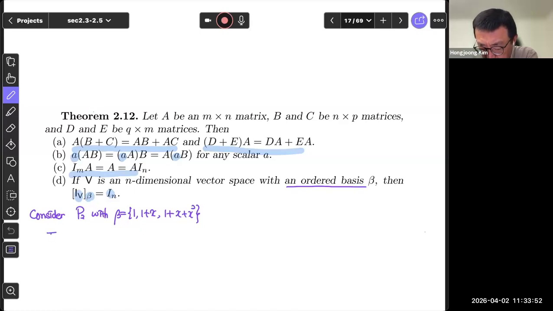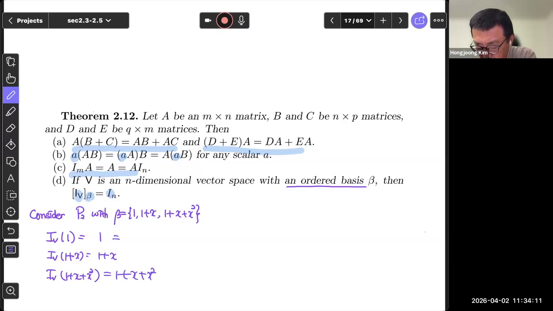Then the identity mapping will map 1 to 1, 1 plus x to 1 plus x, and 1 plus x squared to 1 plus x squared.